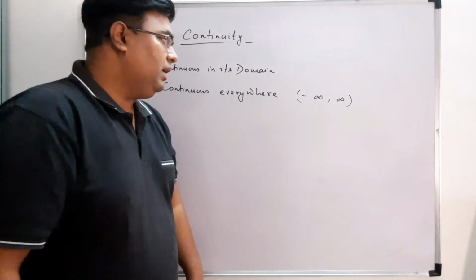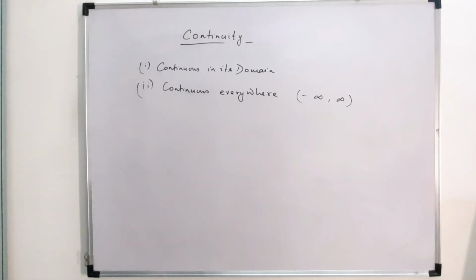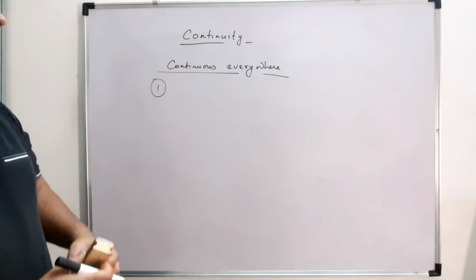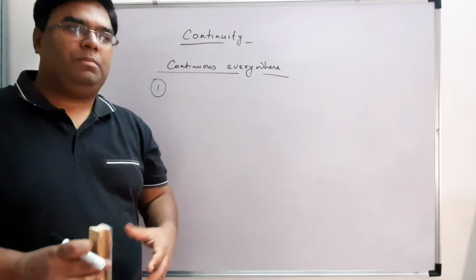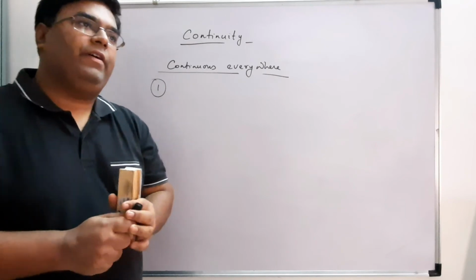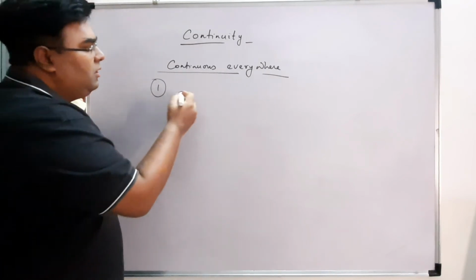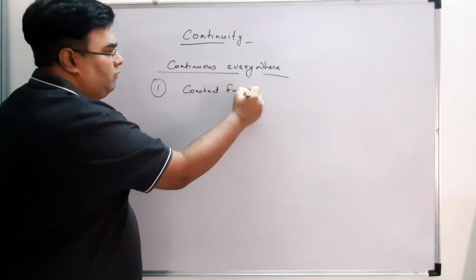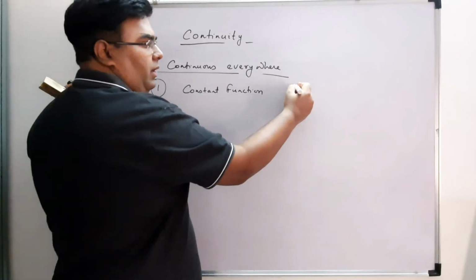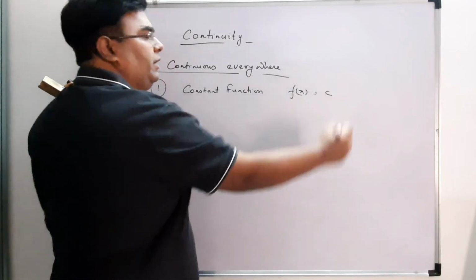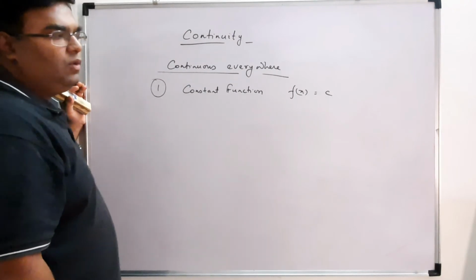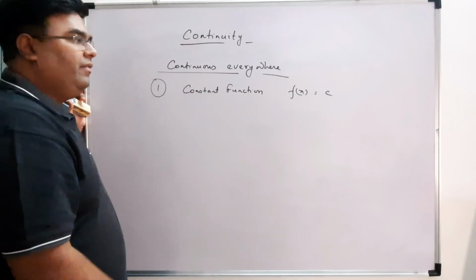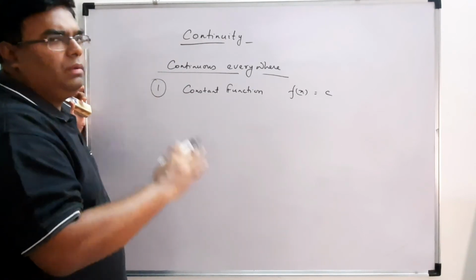Okay, I'll give you some examples here. First we will take examples of functions which are continuous everywhere. My first example is the constant function, like f(x) is equal to c. Whatever value of x you take, you will always get the value c. This constant function is continuous everywhere. You don't need to prove it, you need to remember it.